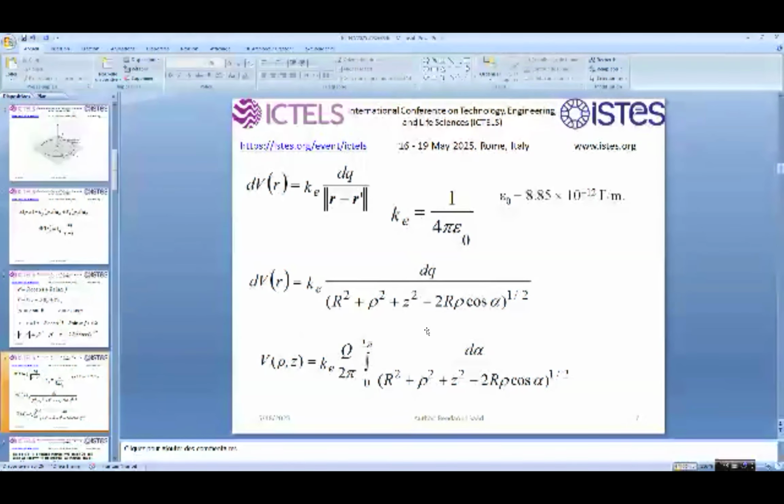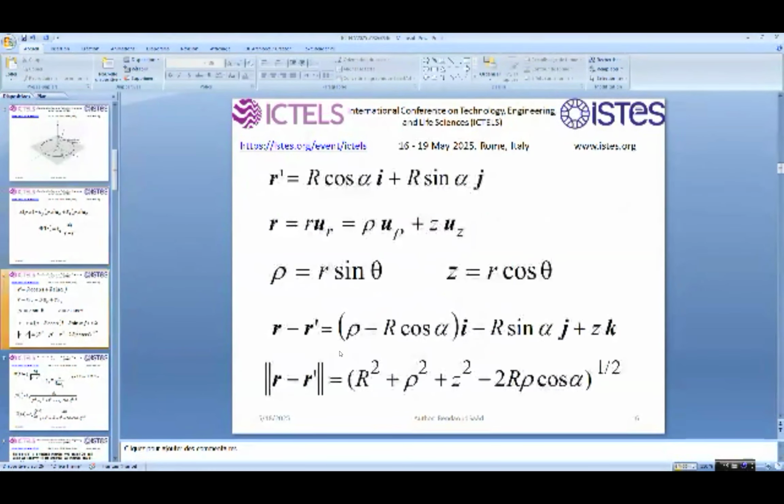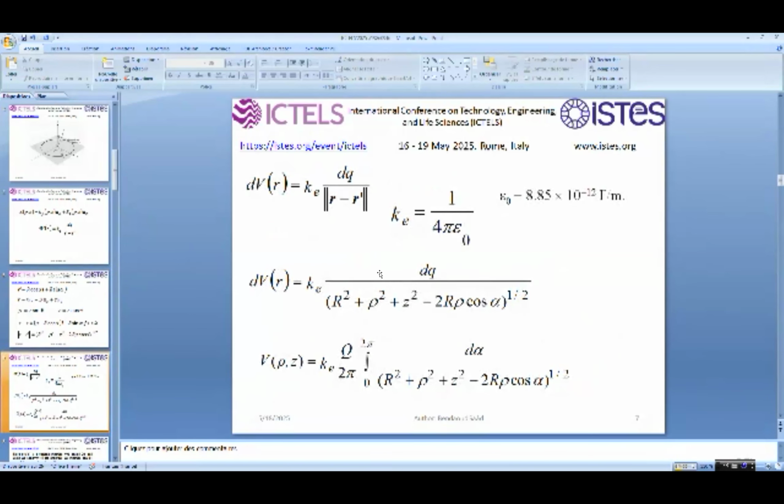After that we put it in this form, and we find this function of the electric potential. Here, E is equal to 1 divided by 4 pi epsilon 0, where epsilon 0 is this constant.